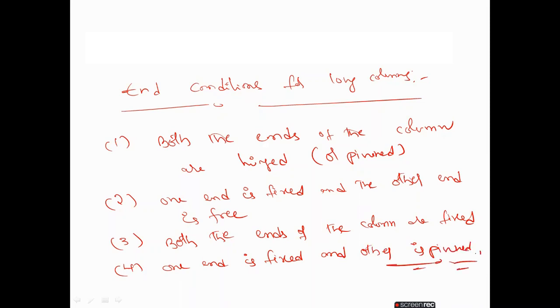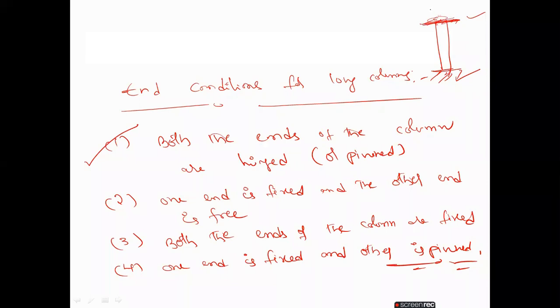So my dear students, if you observe the end conditions for the long columns, we have a total of 4 types. If you take the first one, for suppose the column is like this, both ends are hinged connections. Sometimes one end is fixed and the other end is free, even as you observe in cantilever portions.